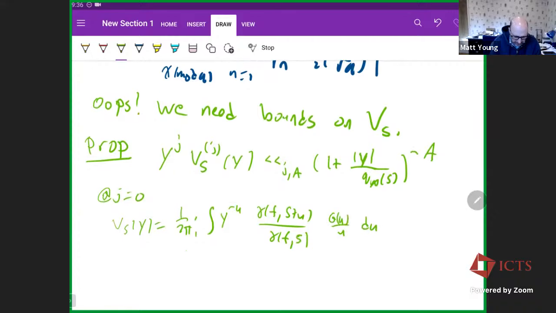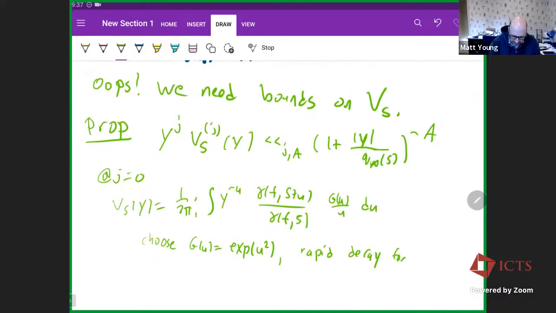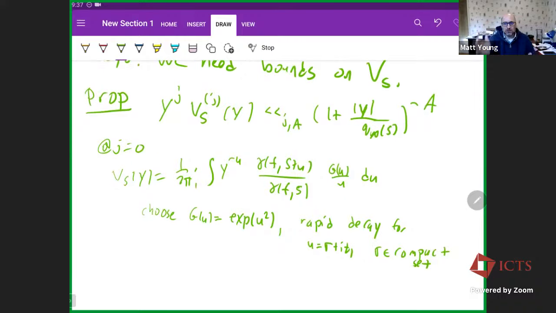And let's choose G to be something like exponential of u squared. This actually has rapid decay for u equals sigma plus it, with sigma in some compact set. So if you look in a vertical strip, this thing has rapid decay in t.